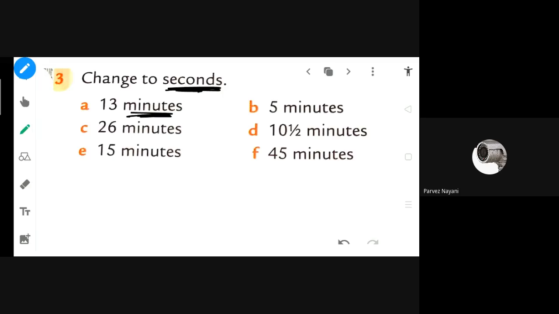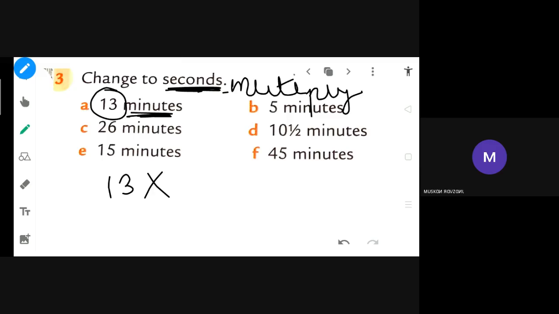Minutes are bigger and seconds are smaller. Very good. You have to convert minutes into seconds. Yes, ma'am, we have to do multiplication. And we have to multiply this by which number? 60. Yes. Okay.